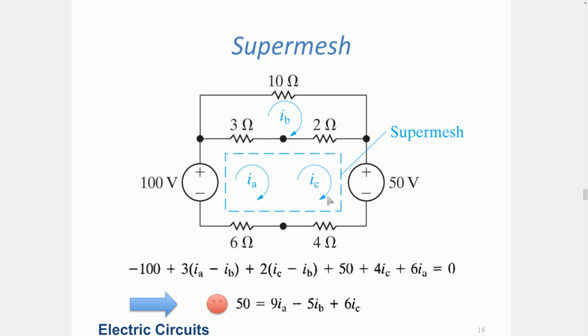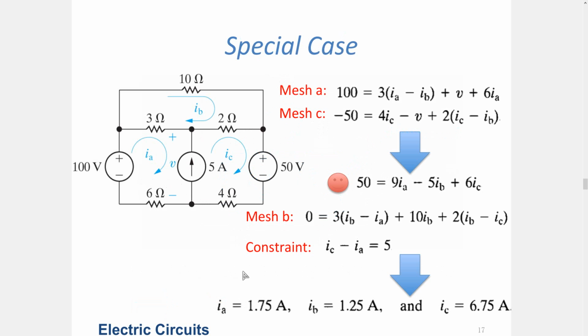If you do that, you directly end up with this equation, which we have found by adding the KVL equations coming from mesh A and mesh C. So if I sum them, I will get the same equation. If you can perceive it, you can apply the super mesh or super node technique to reduce the amount of work you need to do.